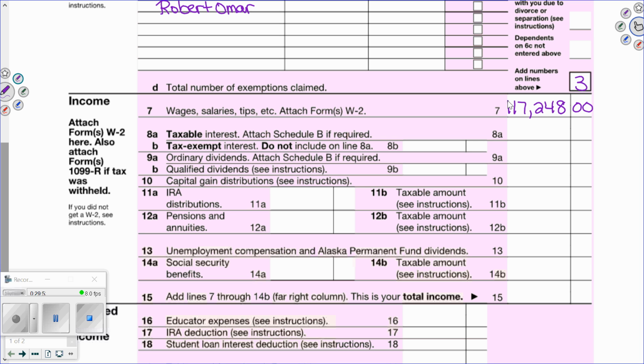All right, 8A, taxable interest. Did they have anything with taxable interest? What did it say right on the part of your notes that has the W-2s on it? Yep, $987 in interest.